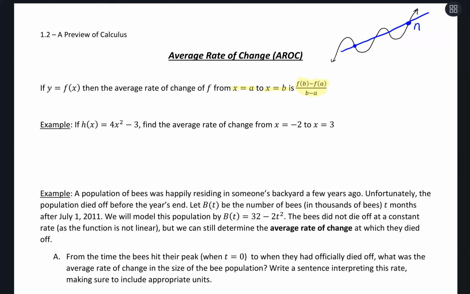And my average rate of change is going to be equal to the slope of that line. That line that I'm graphing there is called the secant line. So that slope of the secant line is going to tie to our average rate of change. And with that, we can get an idea of overall how our graph changed between those 2 points without all the extra curves in there.